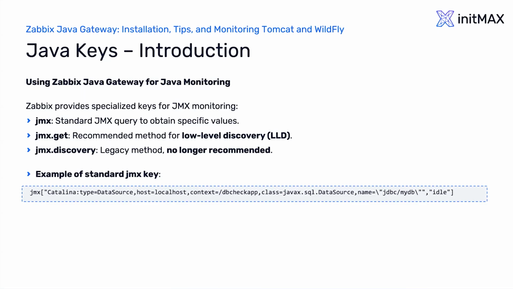Most of those agent keys are pretty much just English language, right? Even if you have no idea what it is, you can still kind of understand what type of metric we're going to be gathering. Not exactly the case with a Java Gateway.